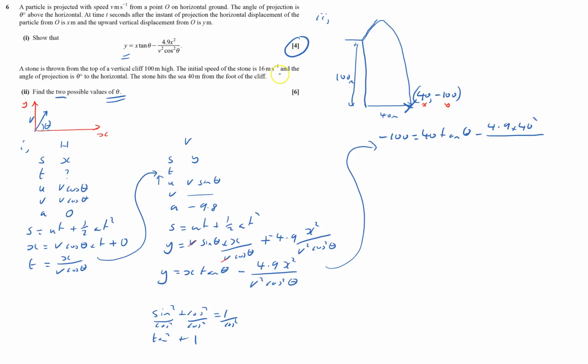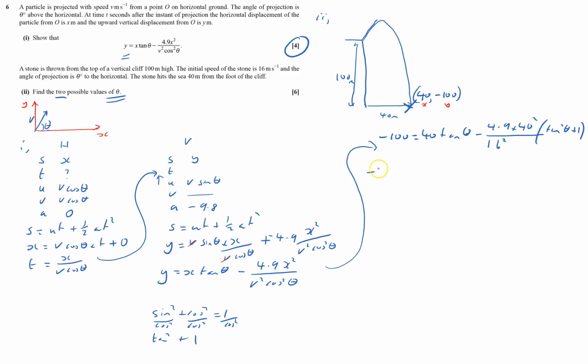Well, v is 16, so that is 16 squared, times 1 over cos squared theta, and 1 over cos squared theta is tan squared theta plus 1.